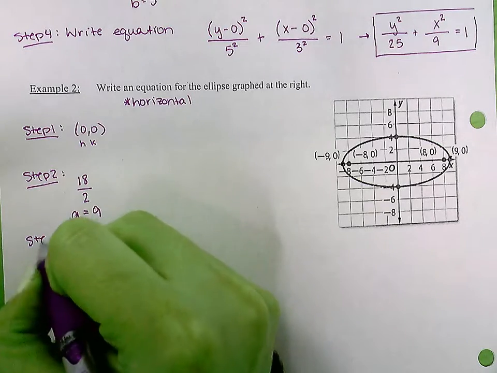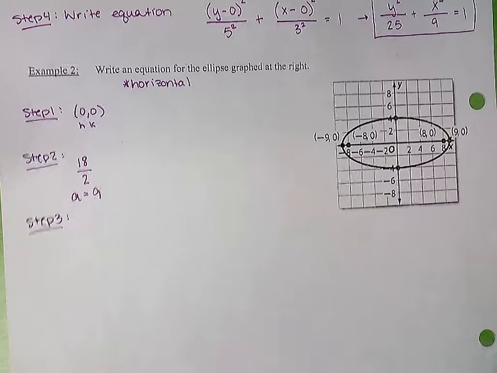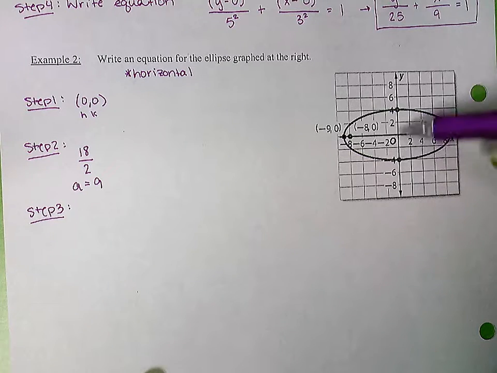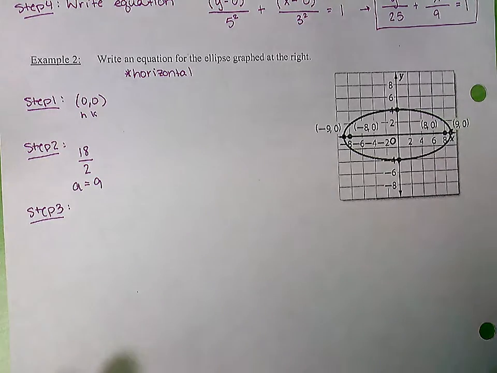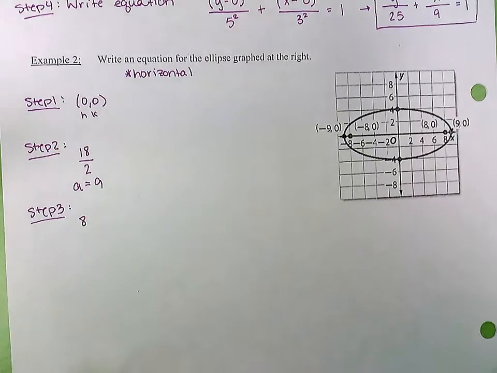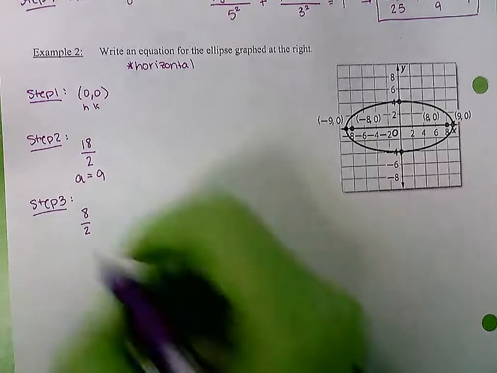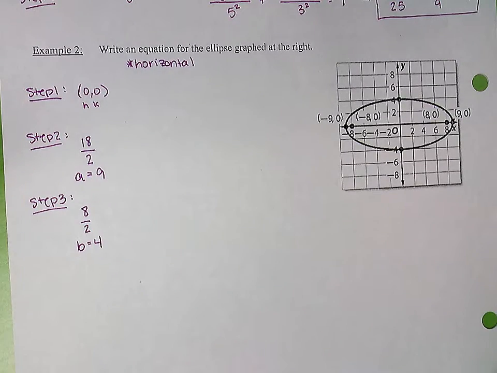Step 3. We need to find B. Now B has to do with your minor axis. Your minor axis is from your co-vertices. So I go from 4 to -4. That distance is 8. So I'm going to take my minor axis of 8, divide it by 2, and B will be 4.